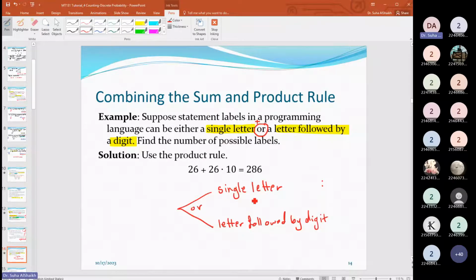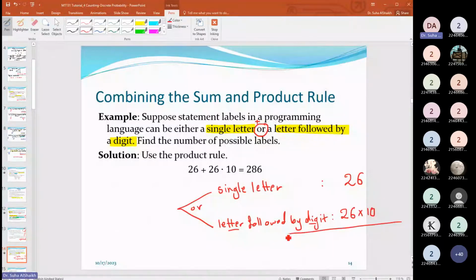So for the single letter case, how many options do we have for a single letter? Who can tell me? The first option is that I use a single letter. We have 26 of them. When I say a letter followed by a digit, how many options do we have? For the letter, I have 26, followed by a digit, I have 10.